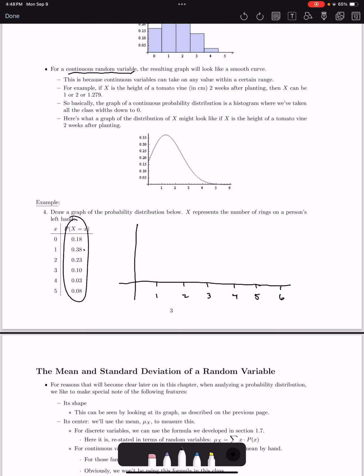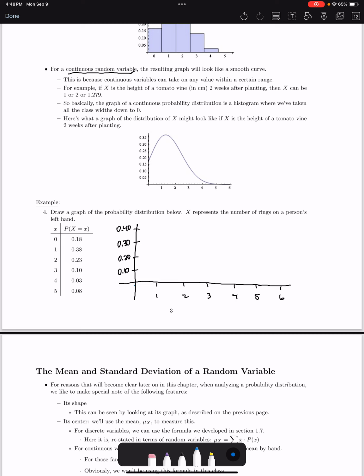The largest probability looks like 0.38. So I need my y-axis to go up to, let's say 0.4, and we'll just go in increments of 10. So 10, 20, 30, 40. So this may not be the best graph ever produced. That's okay. And then we'll draw our bars, right?